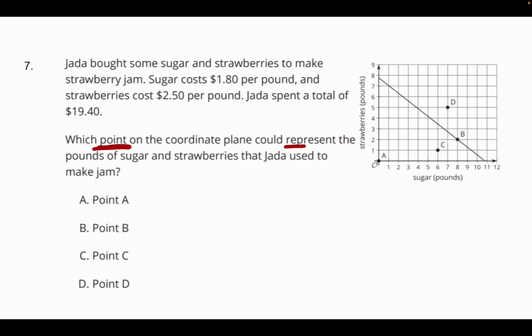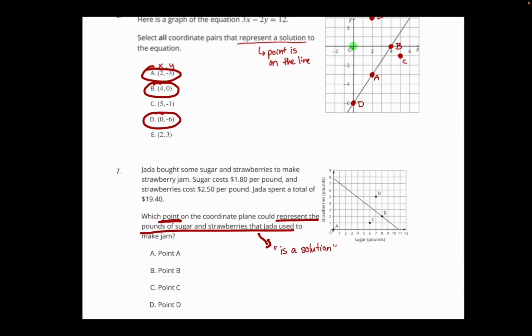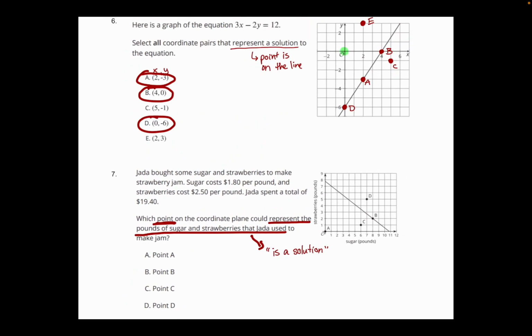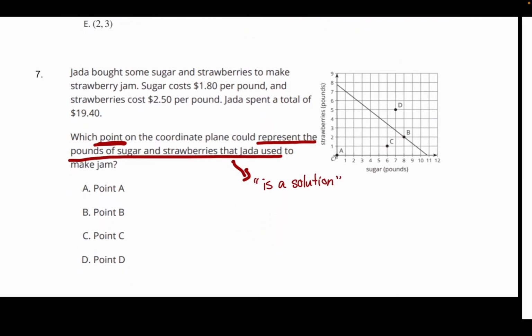If it represents the pounds of sugar and strawberries that Jada used, that means they want to know that it is a solution. And just like the previous question, anything that represents a solution means that that point is on the line.